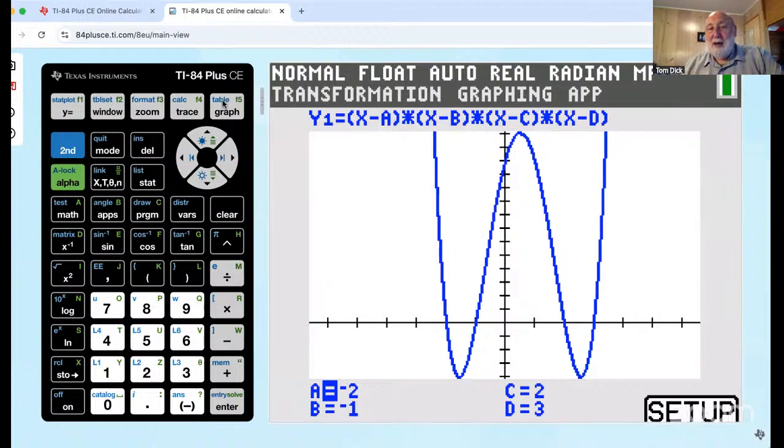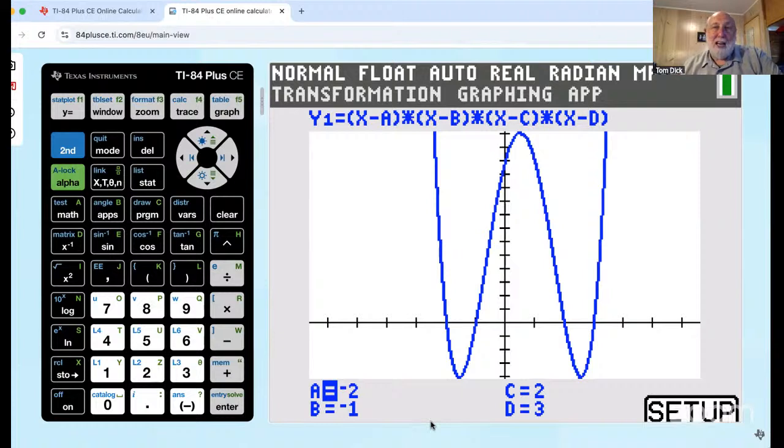Okay, so I've got a graph. In this transform app, you can see at the bottom, there's a placeholder for all 4 of those zeros, A, B, C, and D. And I've got -2, 1, 2, and 3. That should be where this graph crosses the x-axis. And if we take a look at it, looks pretty good. So that's nice, but what's kind of cool about the transform app is we could change the values.